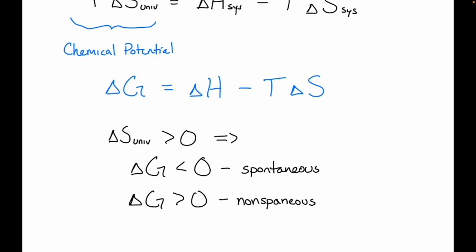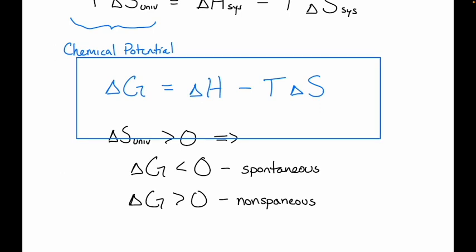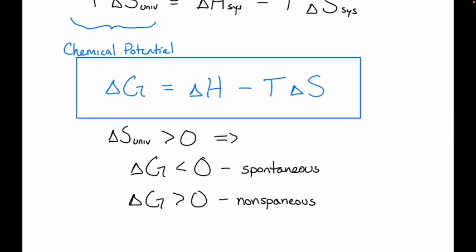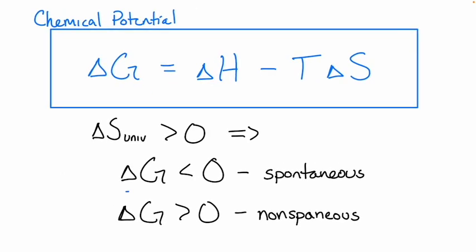All right, so this is kind of this fundamental equation for thermodynamics that we're going to be introducing in this chapter here. Delta G equals delta H minus T delta S. And again, by looking at the value of delta G, we can determine whether or not a reaction will occur spontaneously.